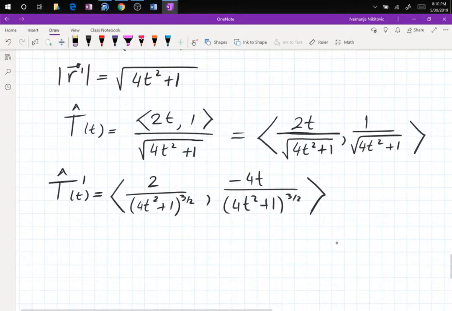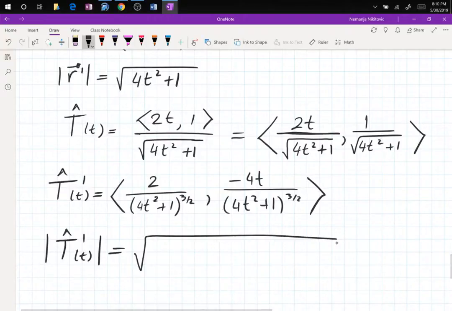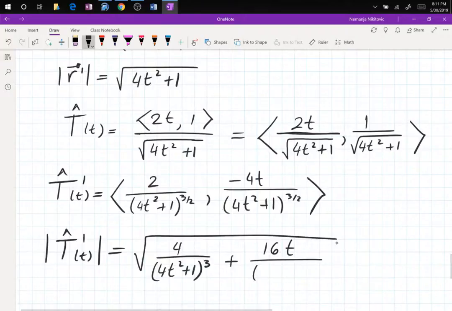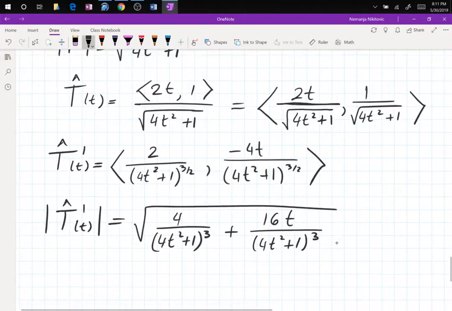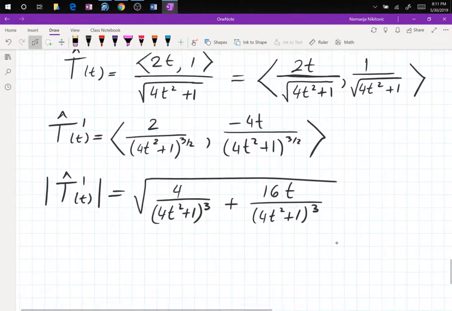Now we need the magnitude of this. So that's the square root of 4 divided by 4t squared plus 1 cubed, because the square killed the half, plus 16t divided by 4t squared plus 1, again cubed because this killed.